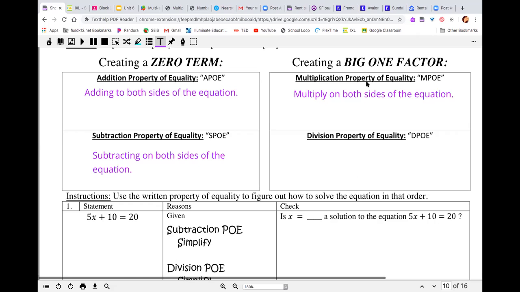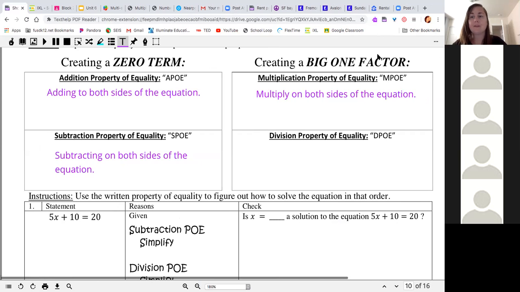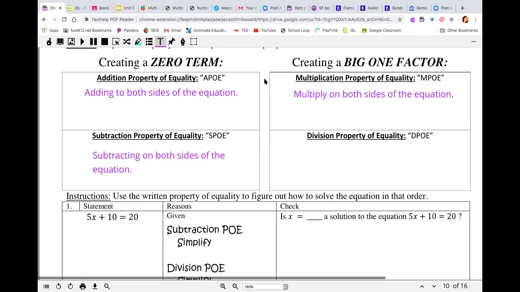Because both of them are equal. Yeah, we want to keep it equal. So if we do it on one side and not the other, the scale becomes unbalanced. So we want to make sure we do it to both sides so the equation remains true, remains equal. Very nice.